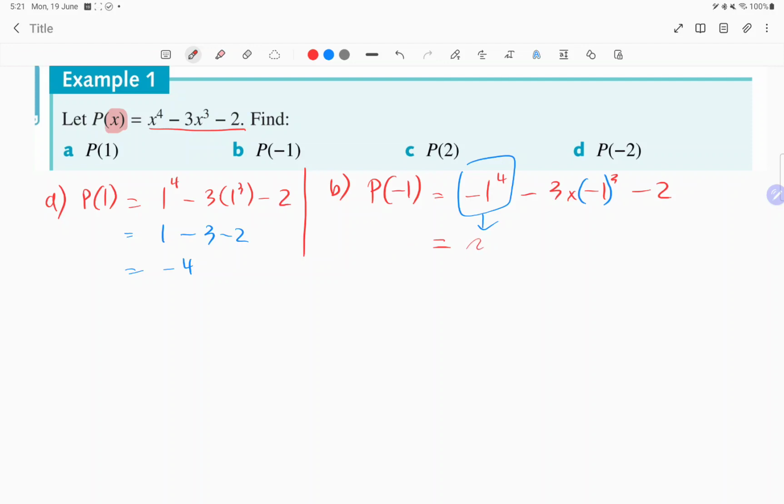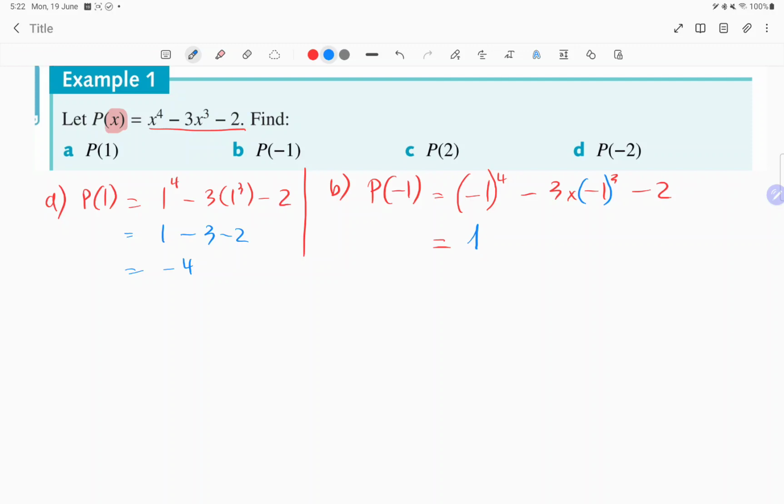That would become positive 1. No, without the brackets, it's negative 1. Because remember, without the brackets, the power only applies to the number, not to the sign in front of it. And that's why you need to put the brackets in here, because it's negative 1 times itself 4 times, which turns into positive 1. It should be positive 1 instead.